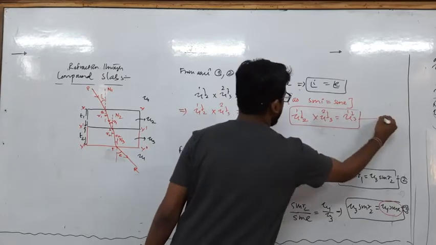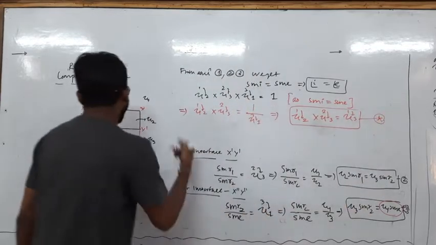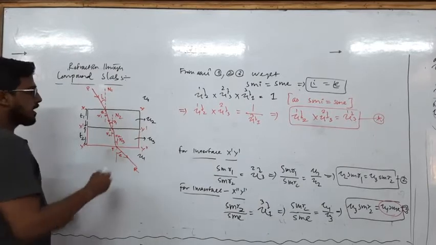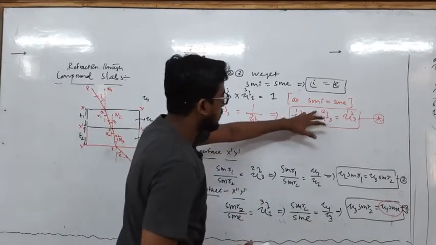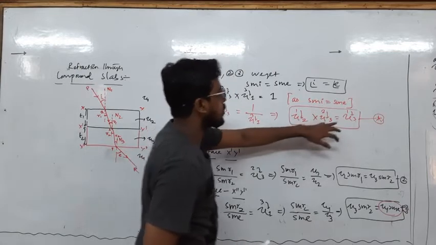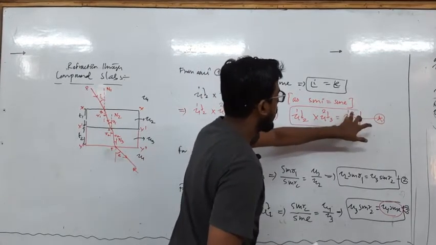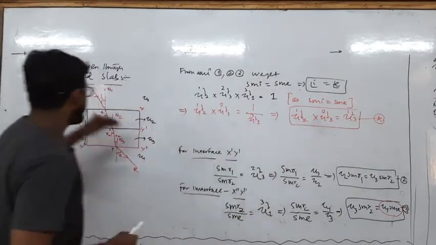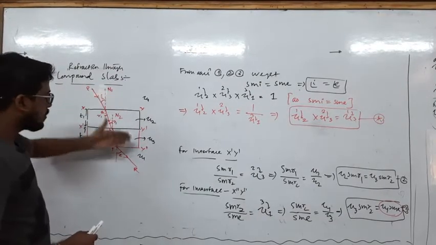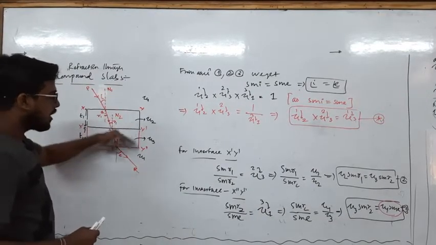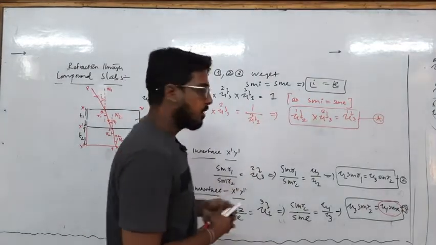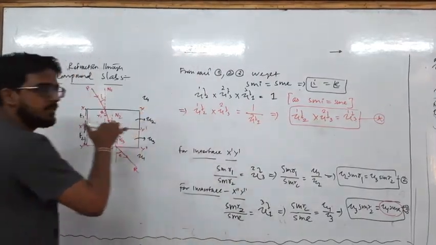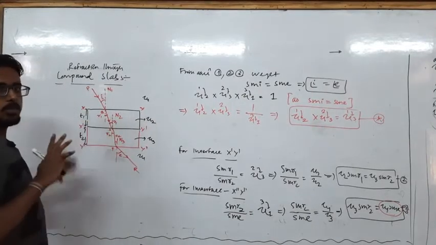Clear? So for the composite slab system, the light travels from the first medium to the second medium, and from the second medium to the third medium, which ultimately gives us that the light travels from the first medium to the third medium. That means light travels from the initial to the final medium, and the in-between mediums are independent. Clear? So this is how light gets refracted through a compound slab system.